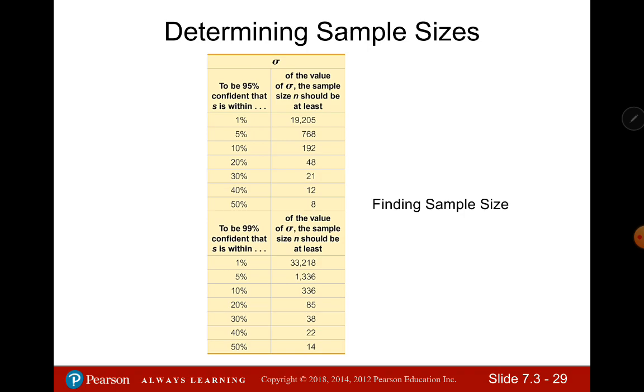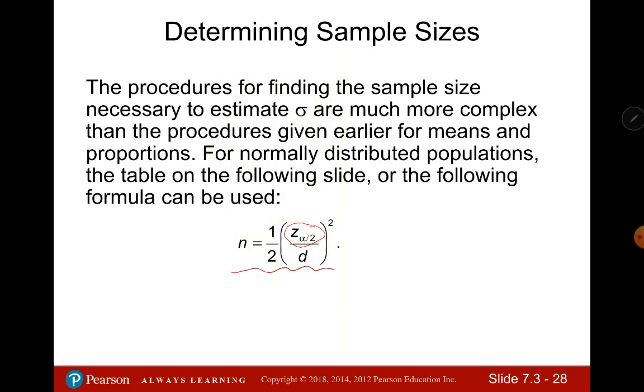So for example, if we want to construct the 95% confidence interval, and we know the D, so it's within 1% or 5%, we will find the corresponding sample size. So this D means the maximum error.